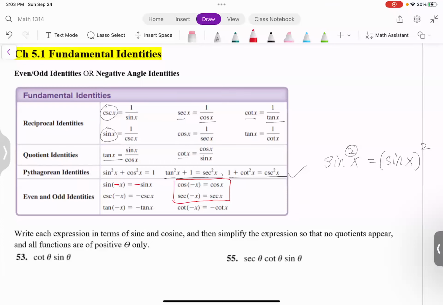So for example, I input the negative x inside the cosecant, I'm having negative cosecant x. Tangent negative x equals negative tangent x. Cotangent negative x equals negative cotangent x. Only for the cosine and secant, you input negative x, then you have the output cosine x and secant x.